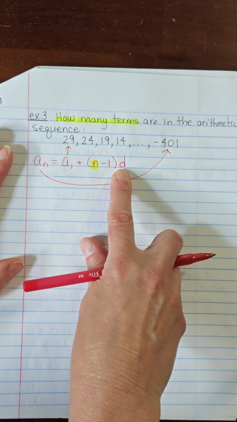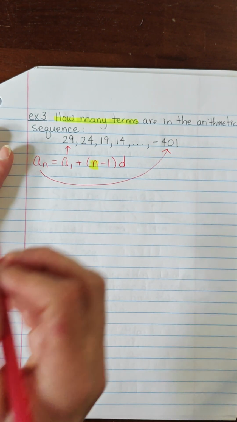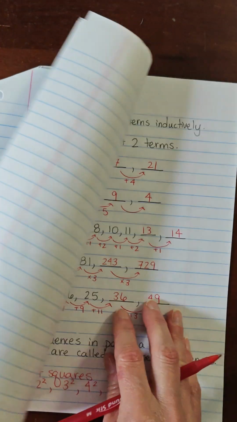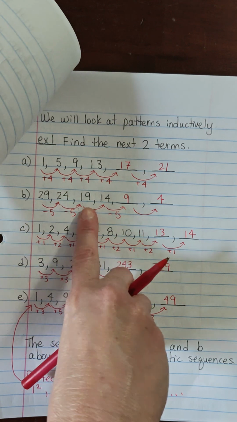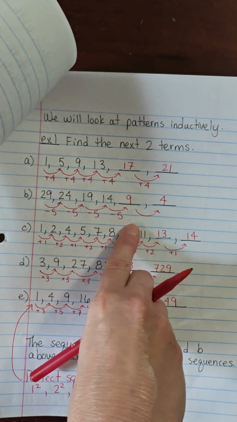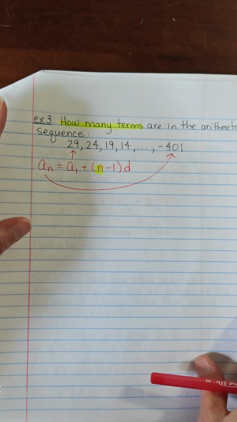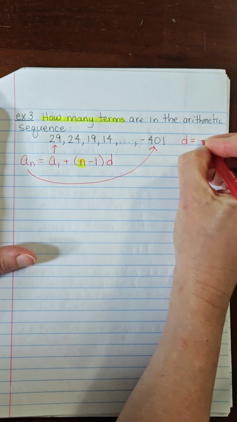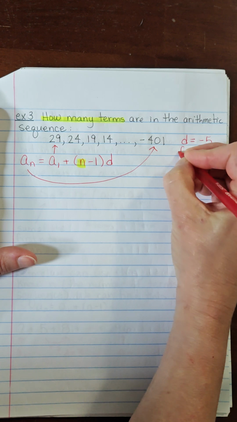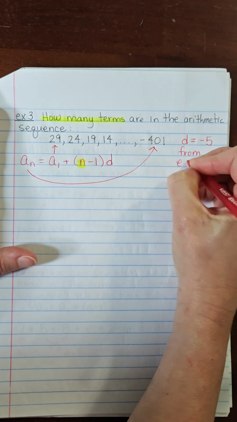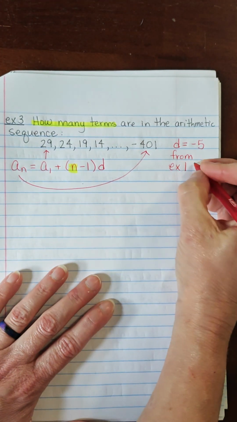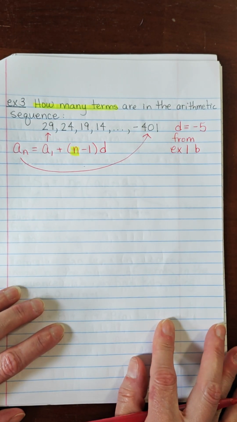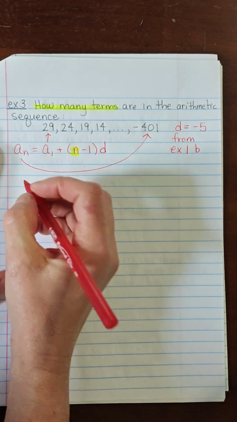And then we have d, the common difference. Remember, we did this one a couple pages ago, and that common difference was that subtraction of 5. So we have that my common difference is negative 5, and that was from example 1, part B. All right, so let's plug in.